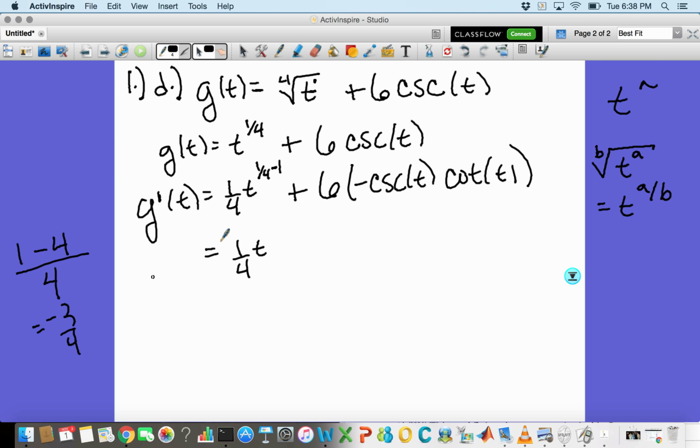Oh, I added one too many parentheses here. So this sign should still be negative. I apologize. This should be negative for this, and this is negative for that.